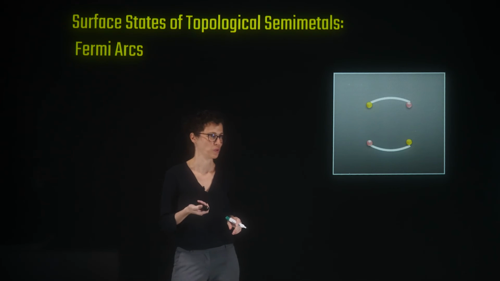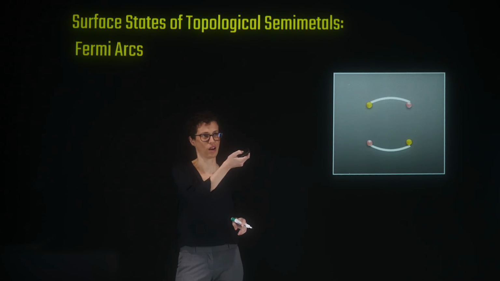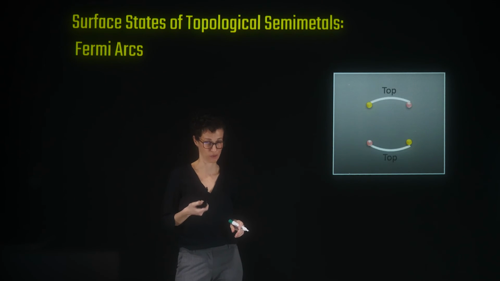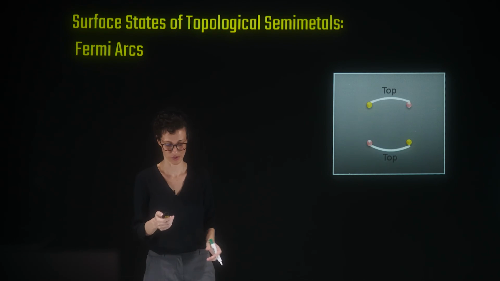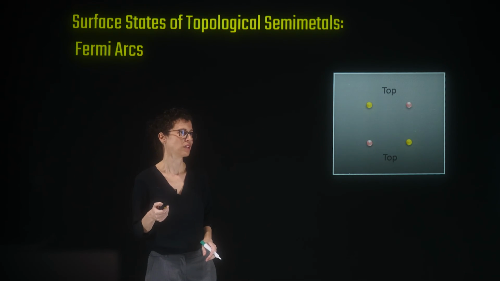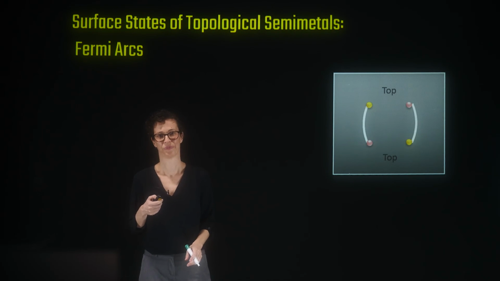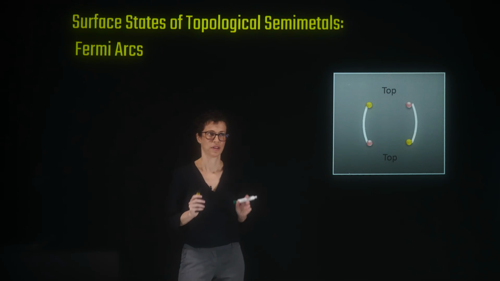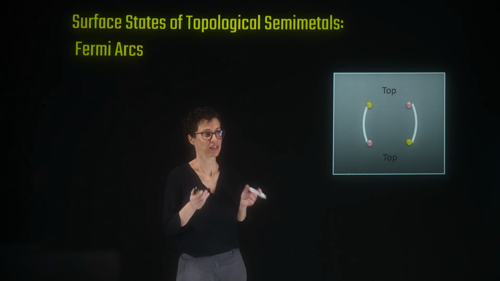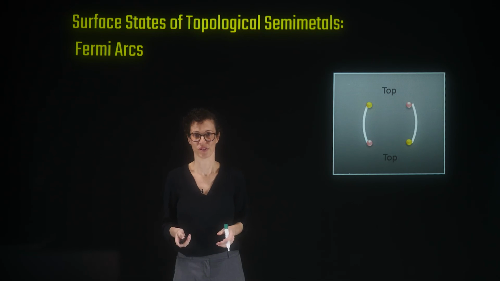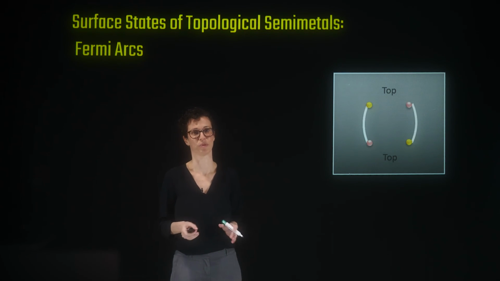So this would be one way. Both of these arcs appear on the top surface right now, and not one on the top and one on the bottom. There is another pair on the bottom surface. But there is also another way to connect, which is this way. Both ways are valid, namely, the chirality can be either of those, and this is a non-universal property of the system.